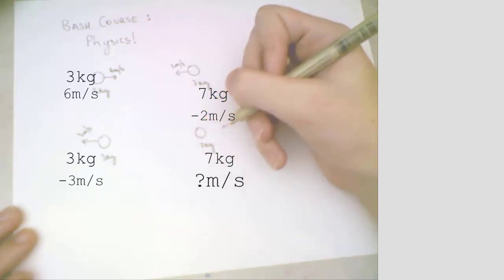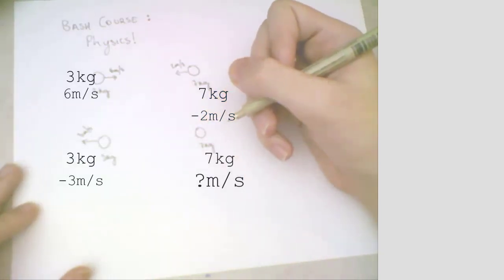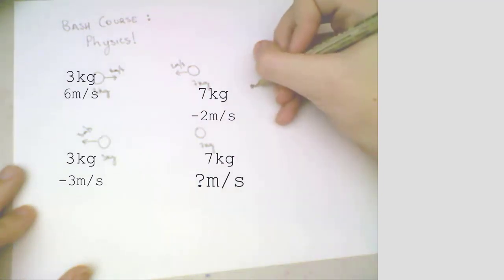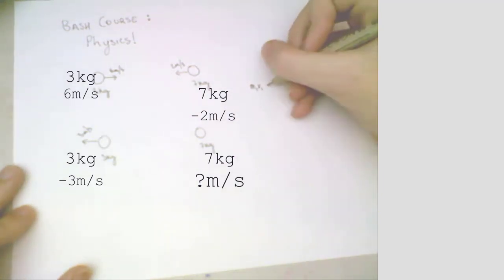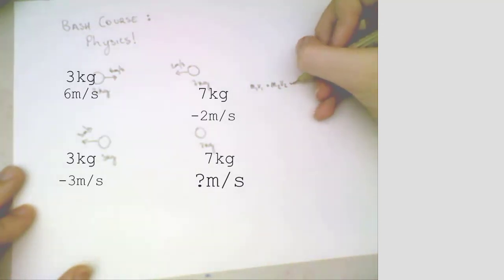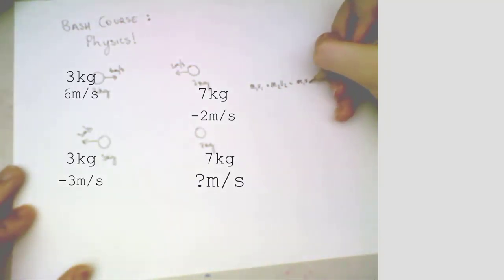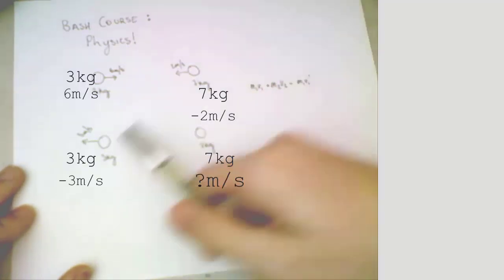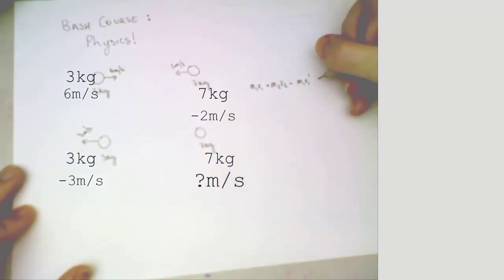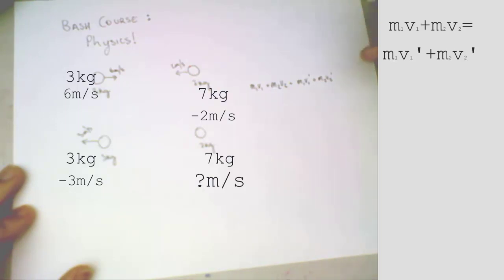The way we're going to set this up is we know that there's conservation of momentum. So we have m1 v1 plus m2 v2 equals m1 v1 prime, which is the velocity after the collision for the first ball, and m2 v2 prime. Now we can start subbing stuff in.